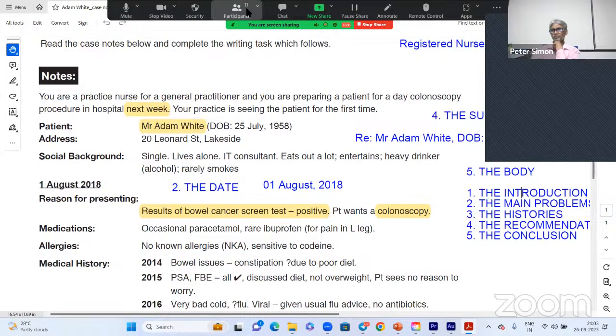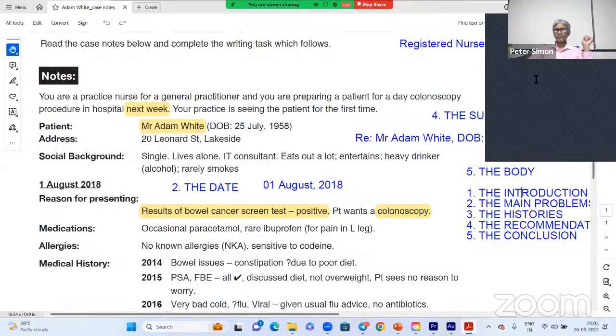Mr. White was diagnosed with positive screening test for bowel cancer. He requires continuous management and counseling for colonoscopy. Full stop. Then this sentence.